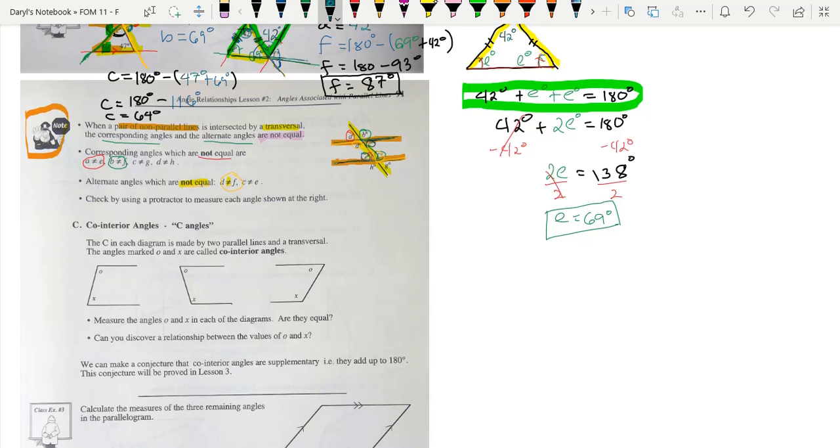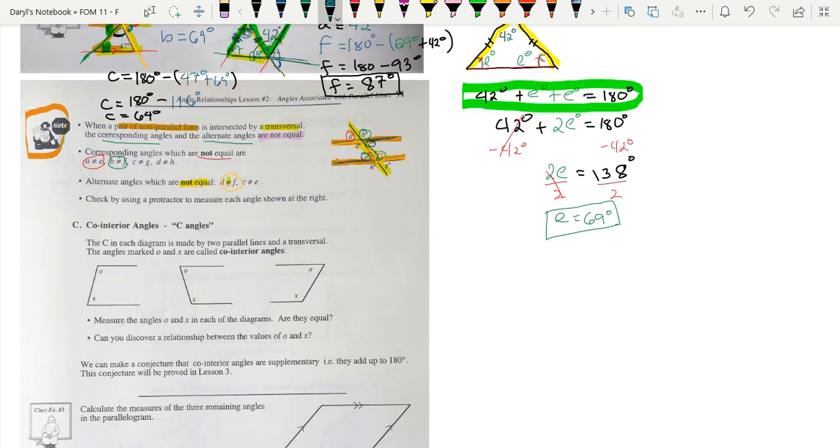However, they will not give you equivalent value. So again, the reason for that is that it is not between a transversal line and a parallel line. So these two lines here are non-parallels. So for these examples, both the corresponding angles as well as the alternate angles are not equal.